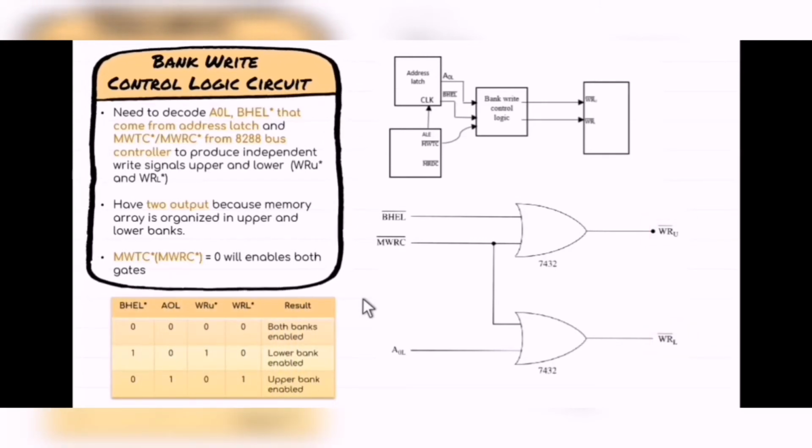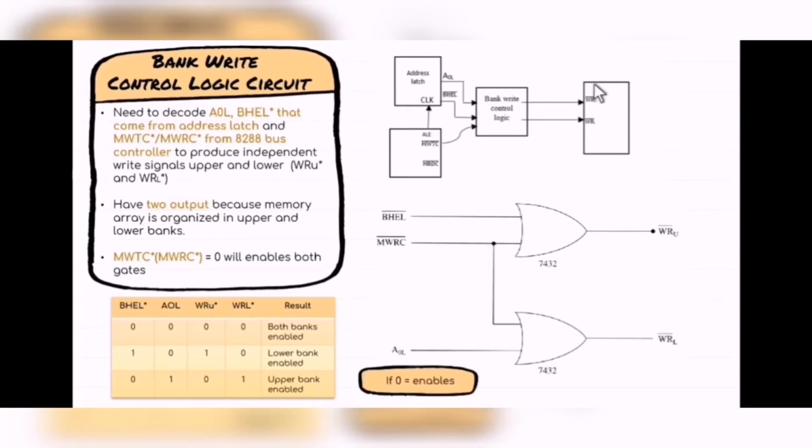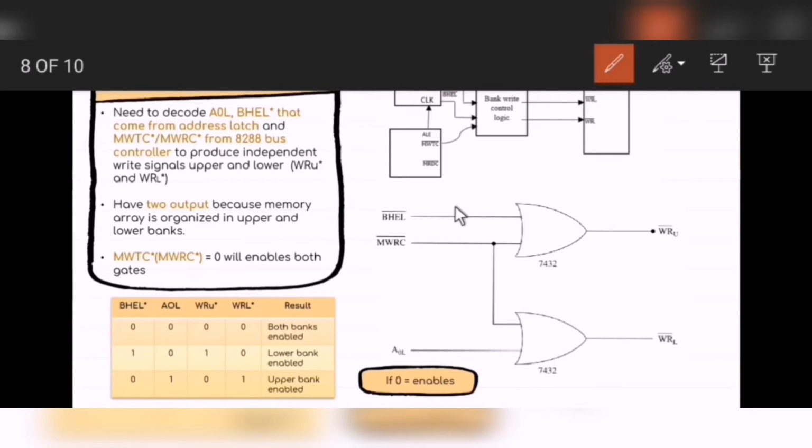So I'll be explaining this table, but before that, MWTC bar or MWRC bar will be set to 0 because it will enable both gates here and here. The first one: when BHEL bar is 0, A0L is 0, WRU bar is 0, WRL bar is 0, and the result is both banks enabled.